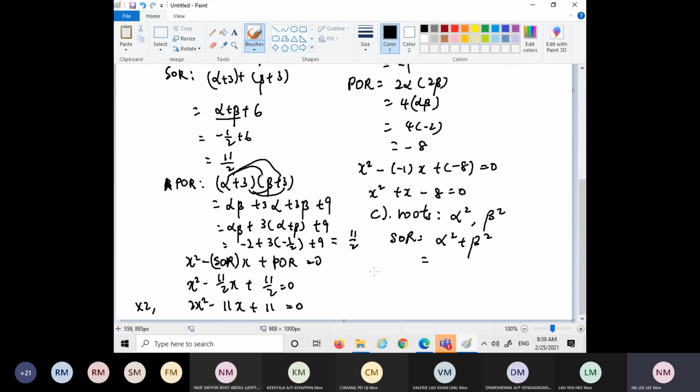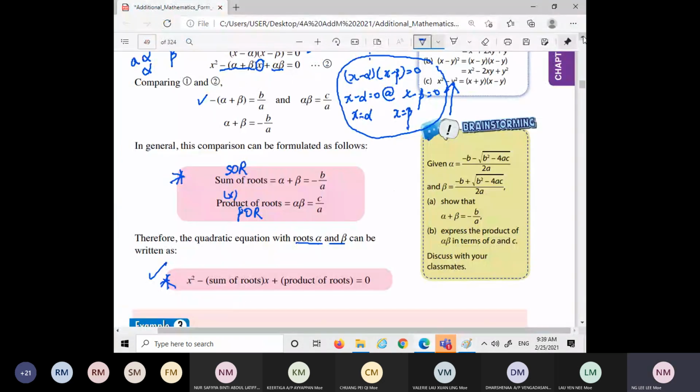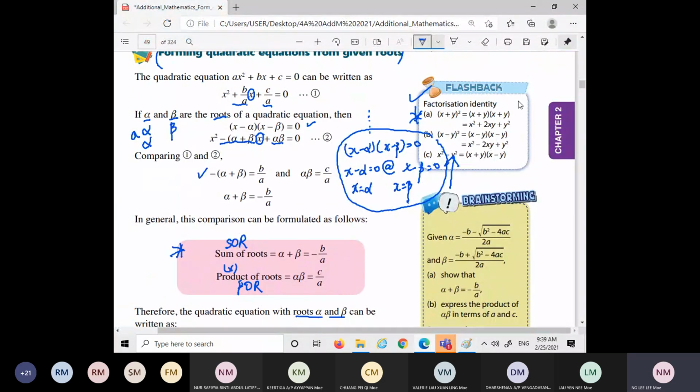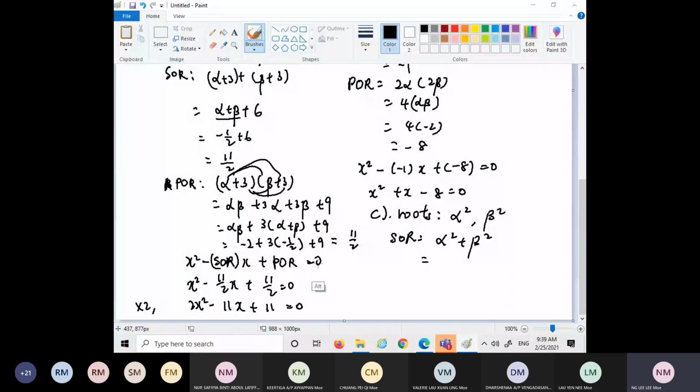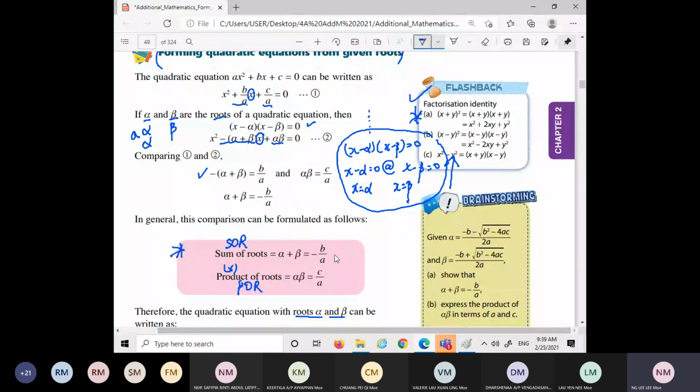So I go back to the textbook. Look at this, maybe I can find something from here. Alpha squared, beta squared. Can you see this?